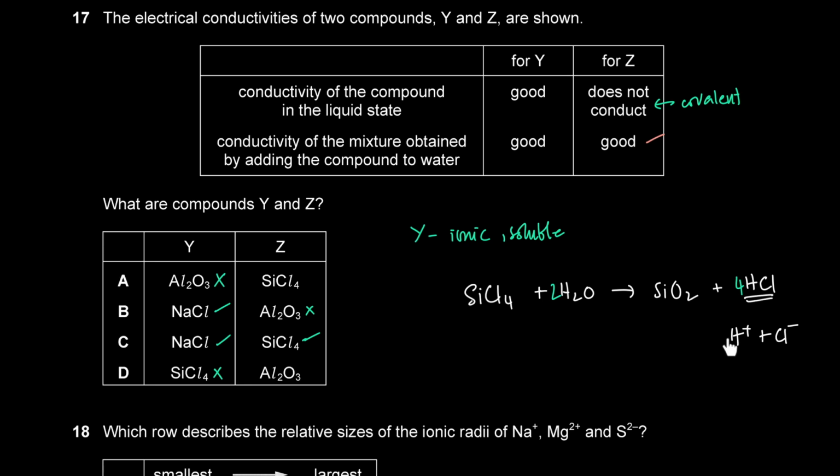This is why the aqueous solution conducts electricity, even though it is a covalent compound. Because it undergoes hydrolysis, we get a white precipitate of silicon dioxide, and we get an aqueous solution of HCl. We're also going to observe white fumes of HCl being produced. Some of the HCl will be given off as vapor, as hydrogen chloride, whereas some of it will remain dissolved in solution.